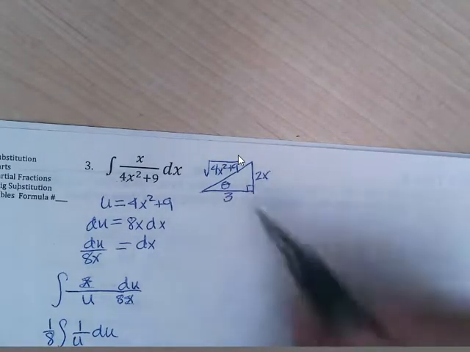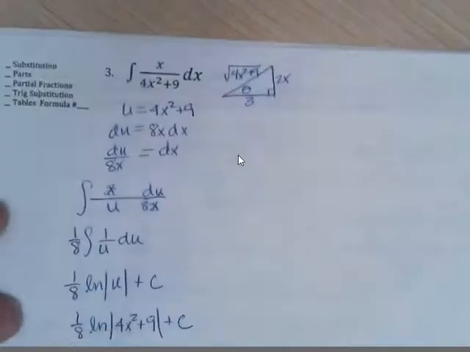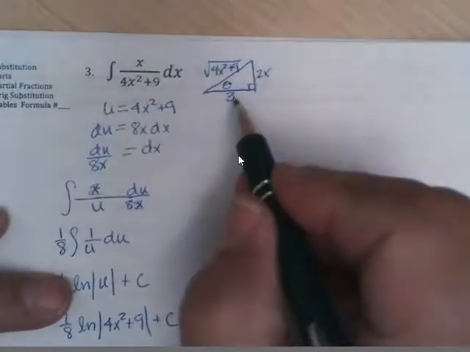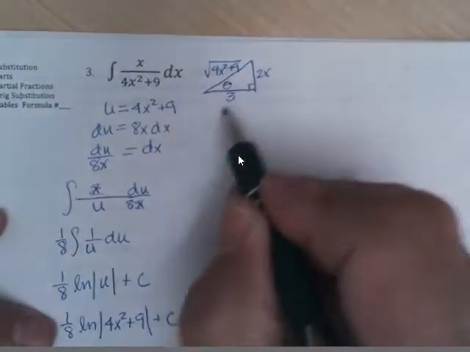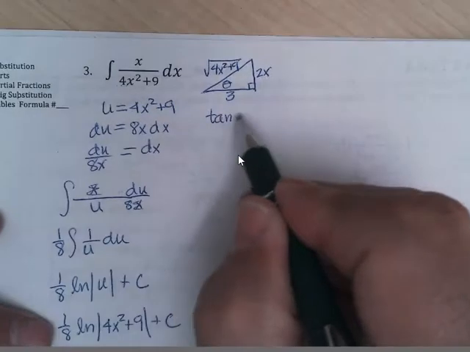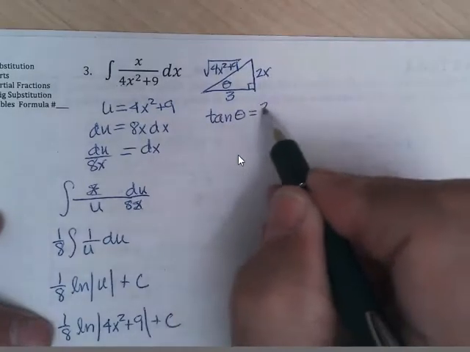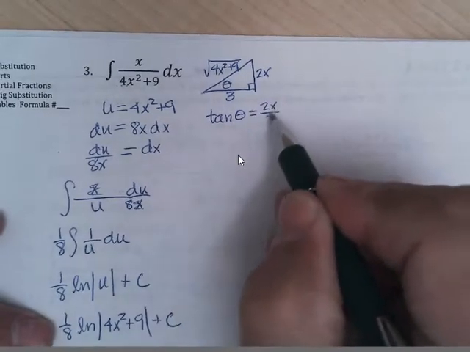We could do it the other way if we wanted, but that's the usual way to do it. So using those, the tangent of theta is the opposite leg over the adjacent leg.